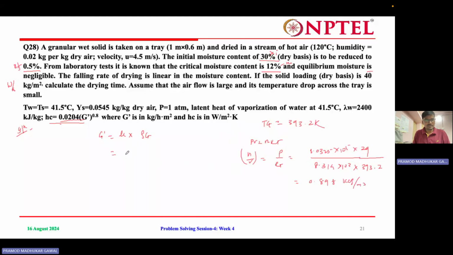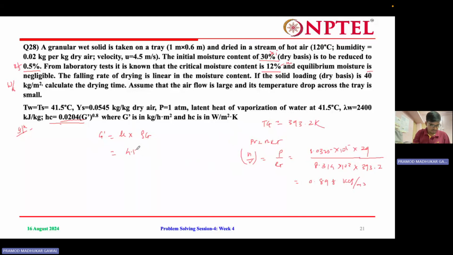So put this in the equation. Velocity is 4.5 meter per second, so you have to convert into hours, multiplying by 3600 seconds.